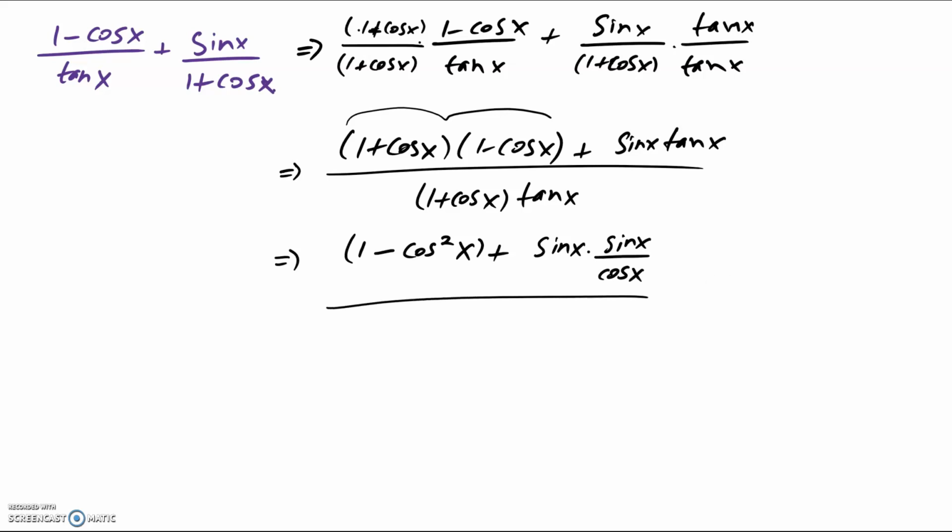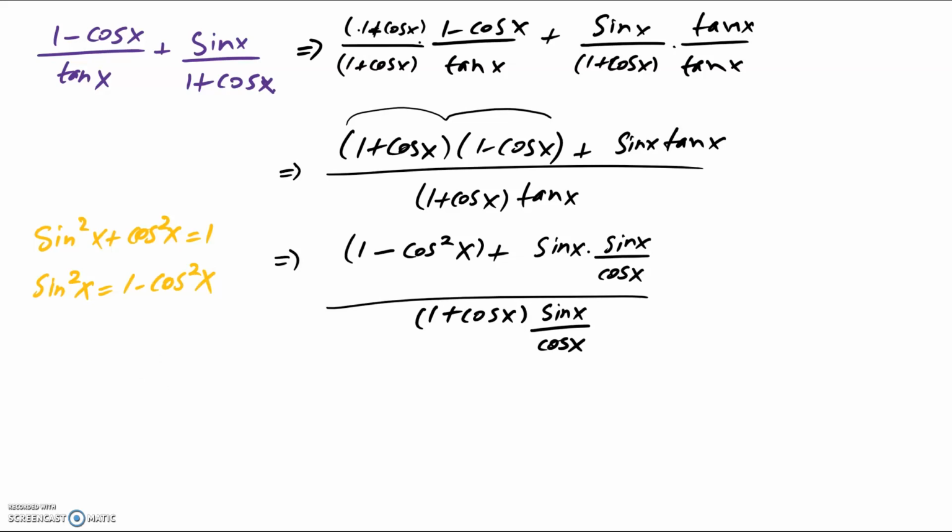Clear? Alright, we have 1 plus cos x and tan x in the denominator. I will keep 1 plus cos x. Tan x is sin x over cos x. Clear? By using the Pythagorean identity, I hope you guys still remember that sine squared x plus cos squared x is equal to 1, and then sine squared x is equal to 1 minus cos squared x.